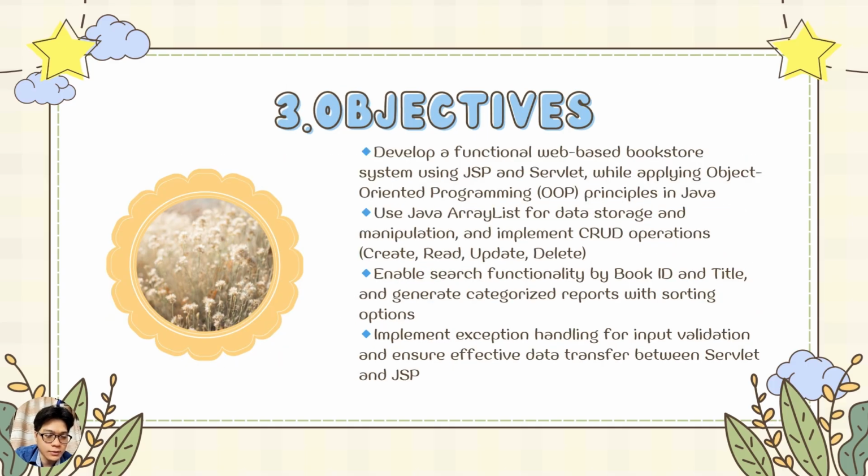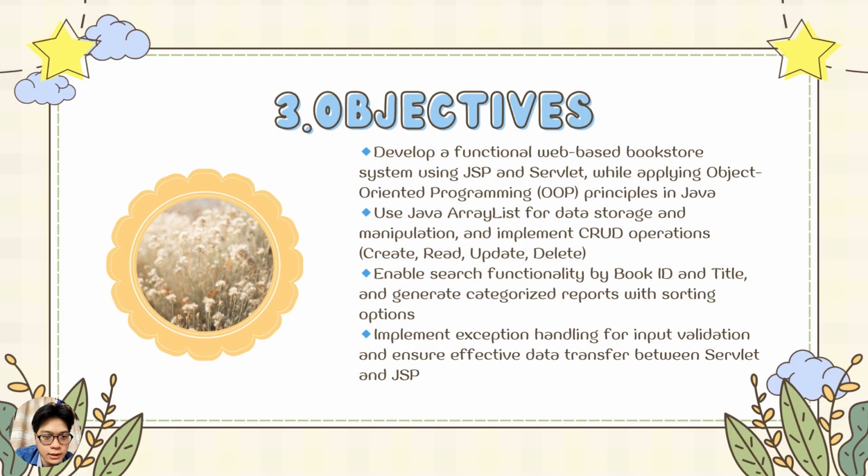Third, there is the objective. First, develop a functional web-based bookstore system using JSP and Servlet while applying object-oriented programming (OOP) principles in Java. Second, use a Java ArrayList for data storage and manipulation and implement the CRUD operations: create, read, update and delete.